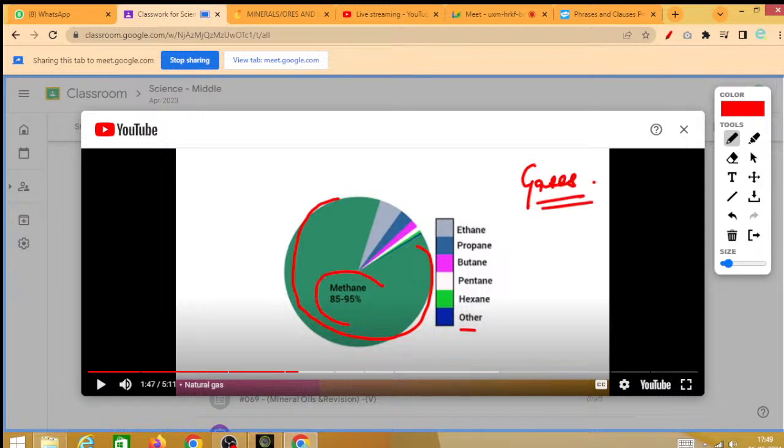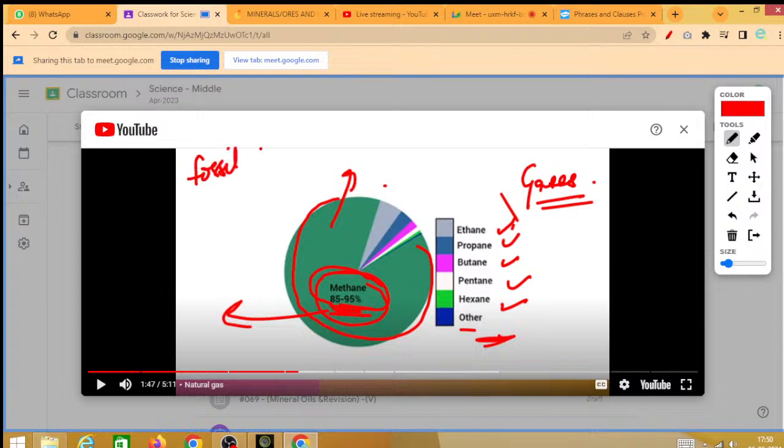Methane is a gas, and the maximum gas present is methane, 85 to 95 percent. Then we also have ethane, propane, butane, pentane, hexane and many other gases. All these gases are fossil fuels.